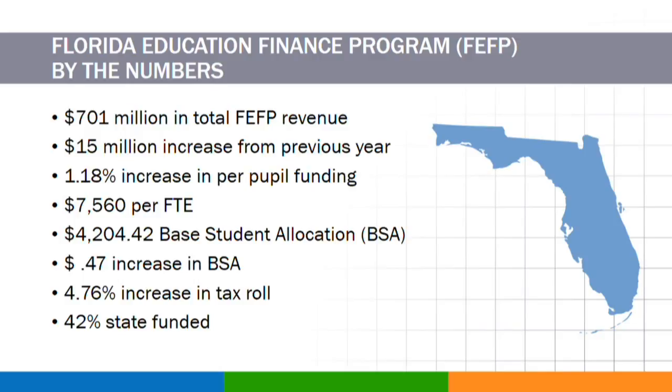So you add those figures up, we're over that $15 million increase, which is also supposed to go towards growth, and we are a growing district, one of few in the state of Florida. The main number that we talk about a lot is the FTE of 7,560 full-time equivalent, and if you break the numbers down, it equates to a 47-cent per student increase.